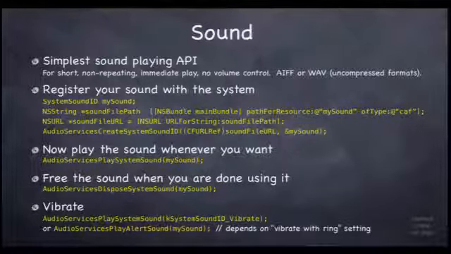And then I said you could vibrate if the device can vibrate. There's a special system sound, kSystemSoundID_Vibrate, so you can play that. There's also this function, AudioServicesPlayAlertSound, which does things that are device dependent. So check the documentation on that one. Some devices have vibrate where you can set a setting that says vibrate when the phone rings.